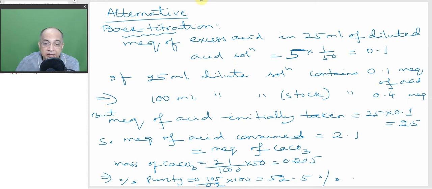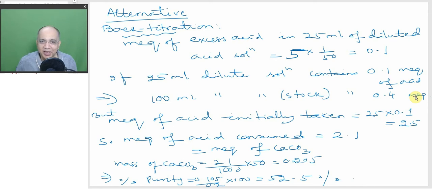That V1N1, V2N2, that normality is the normality of the entire stock. But here what we did, we just simply found the number of milliequivalents of the titrant in the back titration. Same is the milliequivalent of excess, unreacted acid present in 25 ml. If 25 ml contains this, then how much does the 100 ml stock solution contain? Some students can't conceive that if the normality of 25 ml is this, how can the normality of 100 ml be that?